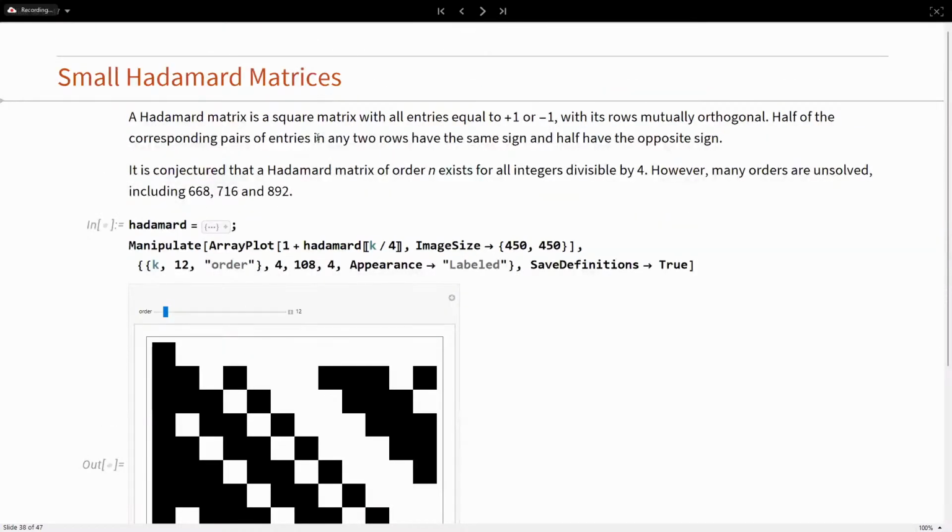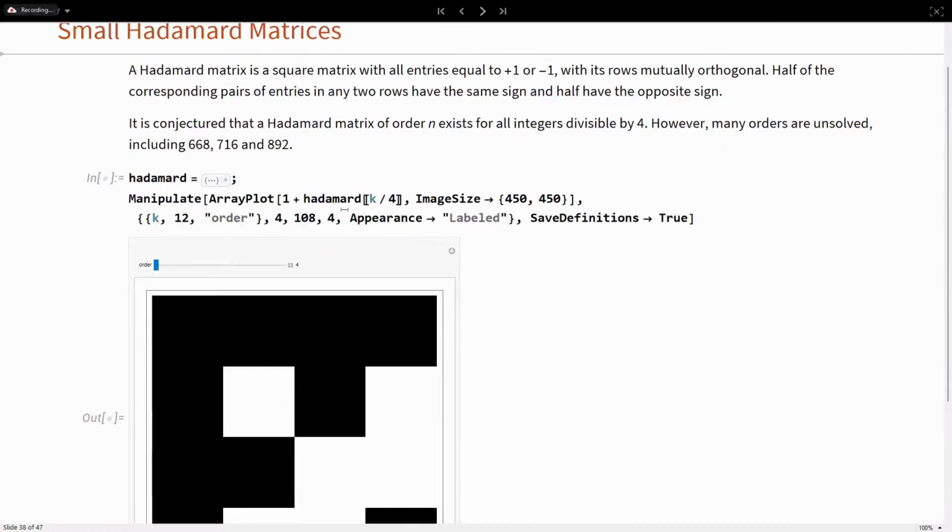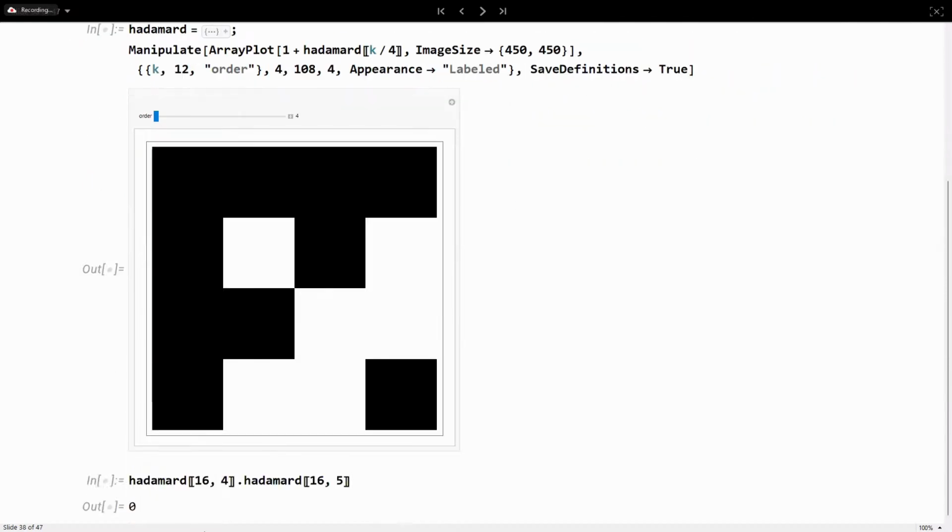A Hadamard matrix, here's some examples here, is such that all entries are either +1 or -1, and any 2 rows, when multiplied together, will equal 0.